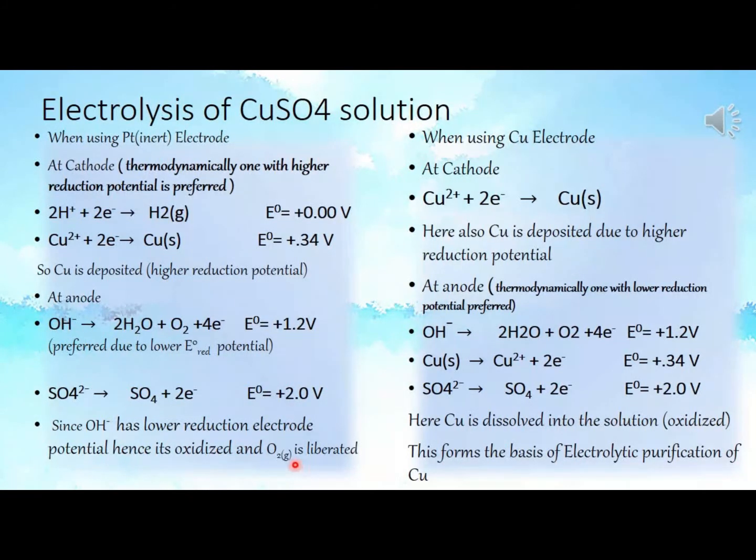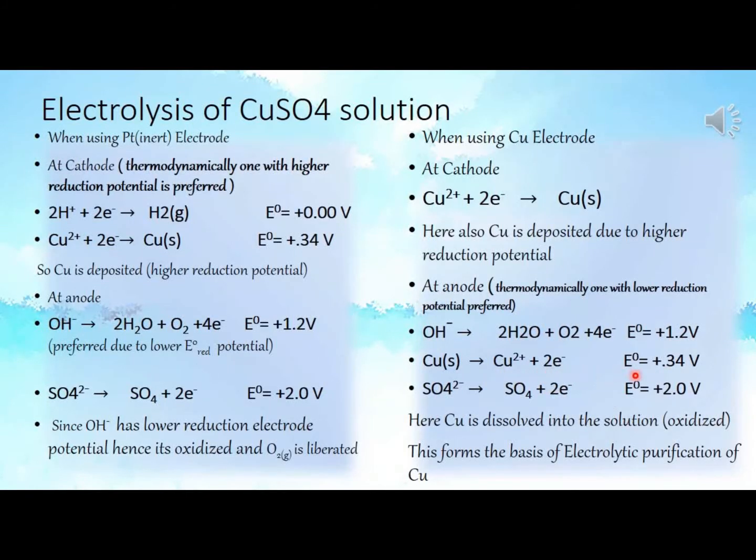Whereas when copper is used as electrode at anode, there are three possibilities. The one in which the reduction electrode potential is lower will be preferred, which you can clearly see is nothing but the copper.